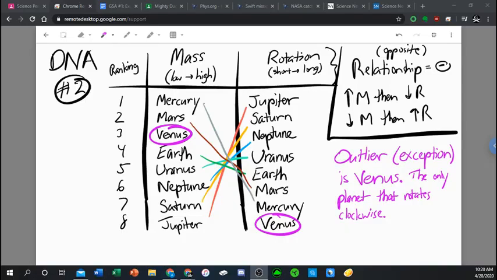So, the only planet that rotates clockwise due to drag of its incredibly thick atmosphere.